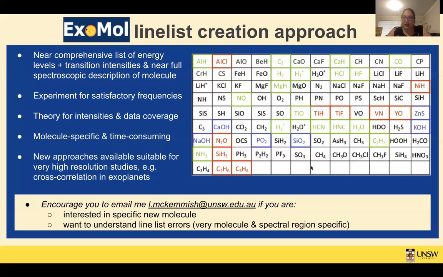And you might not realize, for example, that the visible region is much, much harder to calculate accurately than the infrared region, because the electronic structure is much more complicated than vibrational structure. And so if you want to know, molecule specific, spectral region specific, is the data available good for this, I can talk you through that. Or you can obviously contact the original line list creators, which is also a good option.